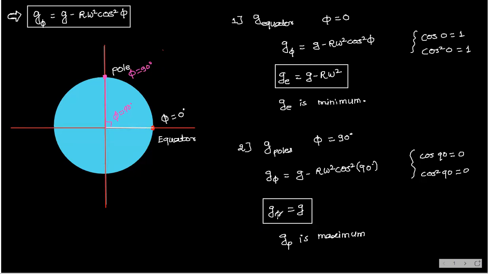You can denote instead of this phi here g_P also.